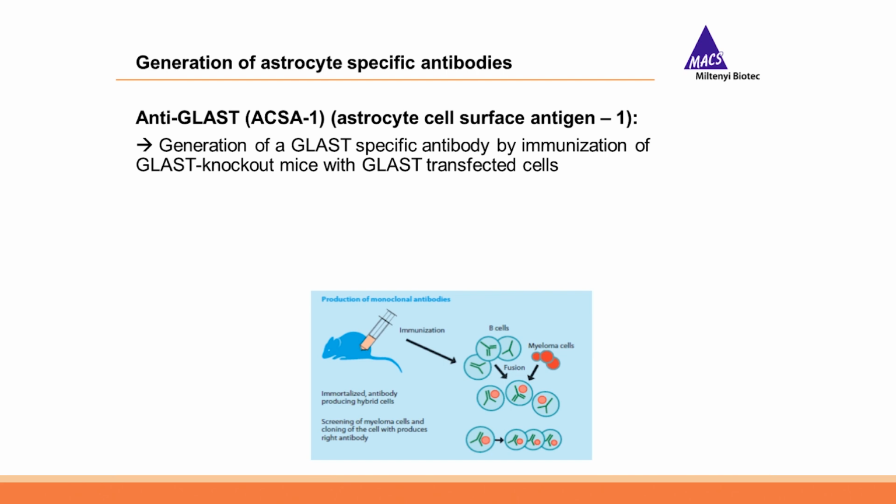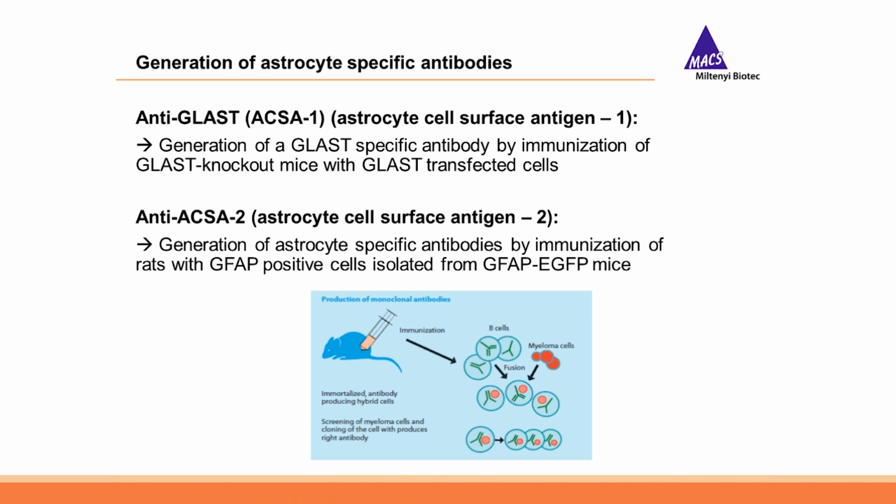The resulting clones were then screened for their specific GLAST antigen recognition, and the positive clones were expanded and subcloned. The anti-AXA2 antibody was also generated by immunization, and in this case, GFAP-positive cells that we isolated from GFAP-eGFP mice were used for immunization, and rats were immunized.